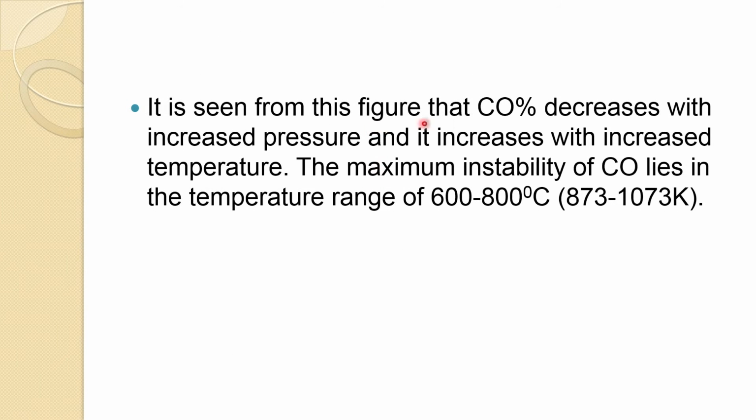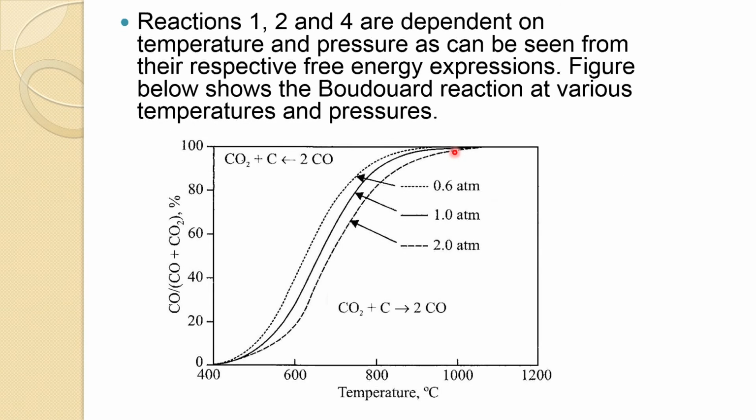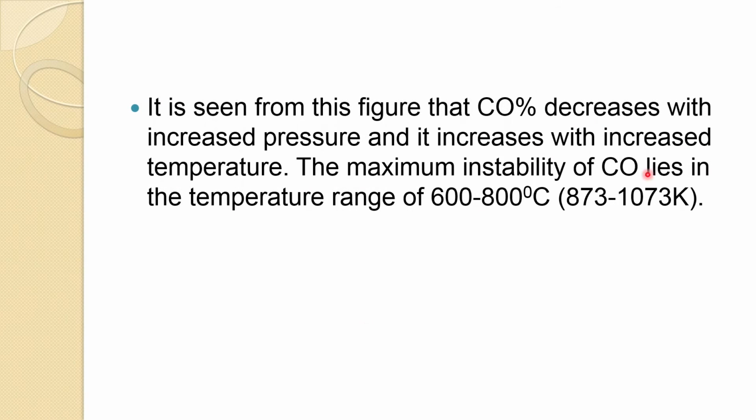So it is seen that CO percentage decreases with increased pressure at the same temperature, but it increases with temperature. The maximum instability of CO lies between the temperature range of 600 to 800 degrees Celsius.